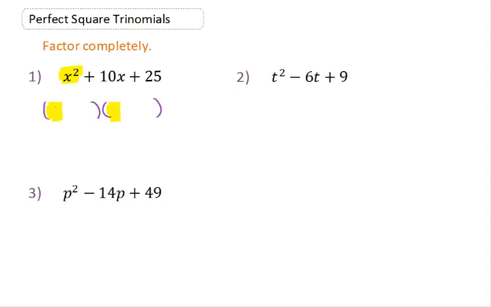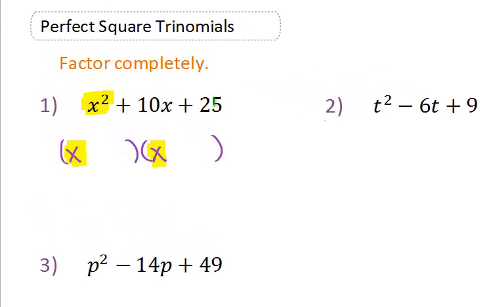This is going to be x times x. Now we typically jump to our last term of 25, and we try and figure out what times what will give us that 25. We have a couple of options, 1 times 25, or I always like to start with the ones that are closest together, which is 5 times 5.